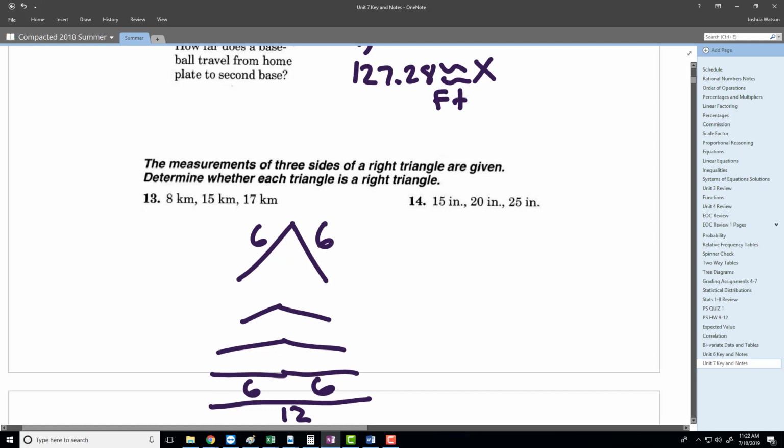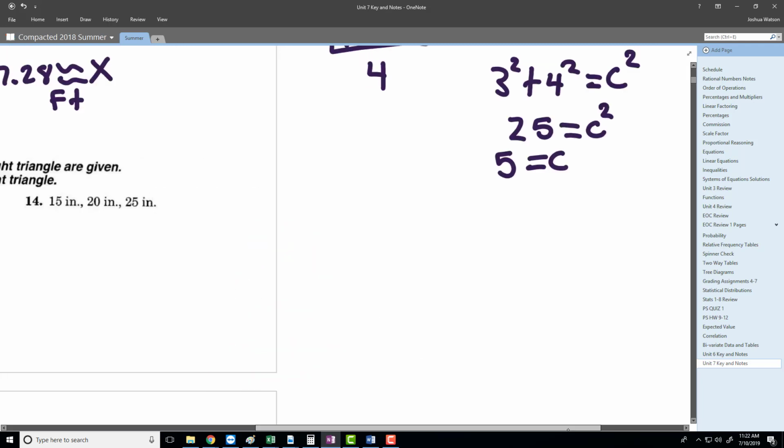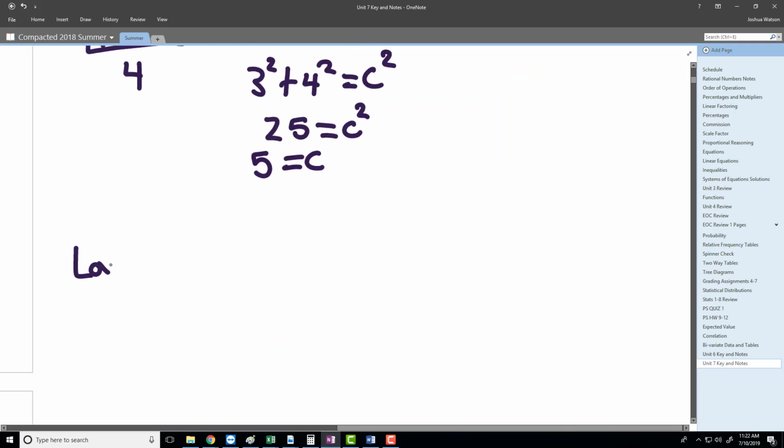So the law that you'll write down in your notes is the triangle inequality law. That's what we call it.